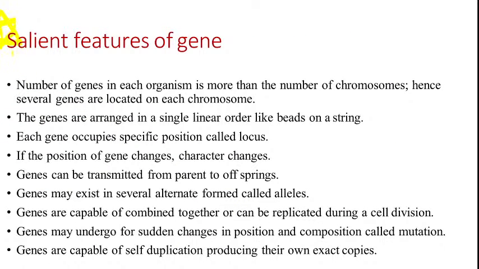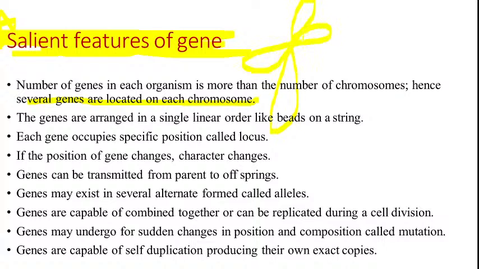Now some important features of a gene. Salient features of a gene. The number of genes in each organism is more than the number of chromosomes. Hence several genes are located on each chromosome, because the chromosome number is fixed. On each chromosome many genes are present.